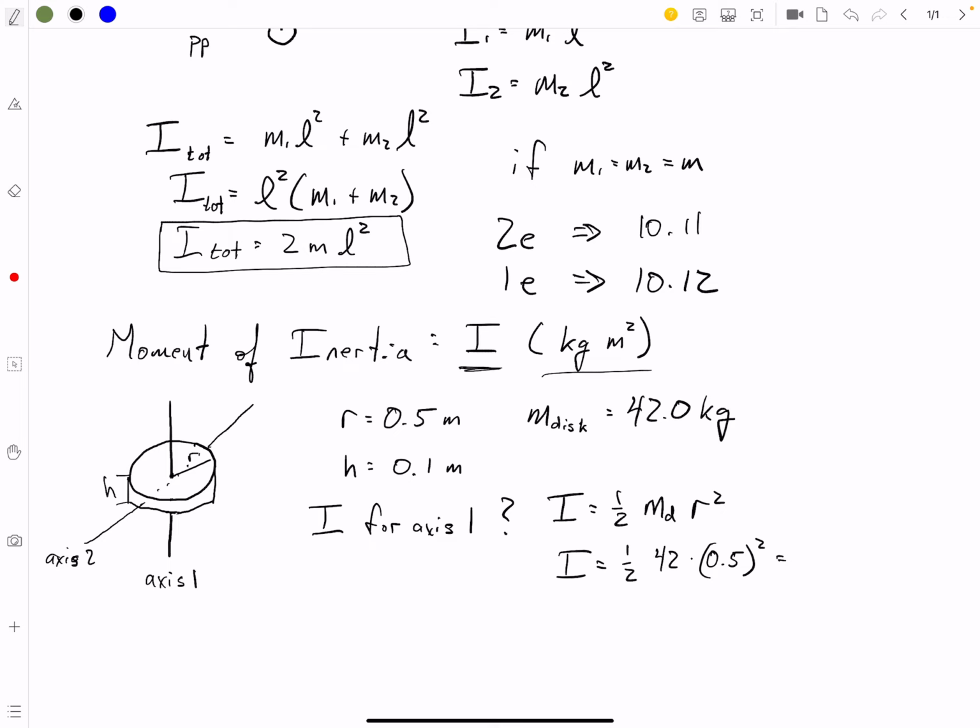So that's kind of nice, but a quarter times 1/2 is an 1/8. So we basically get an 1/8 of 42. And I don't know if you've ever tried to divide 42 by 8, but it doesn't go in evenly. I equals 5.25. And that's kilograms meters squared.